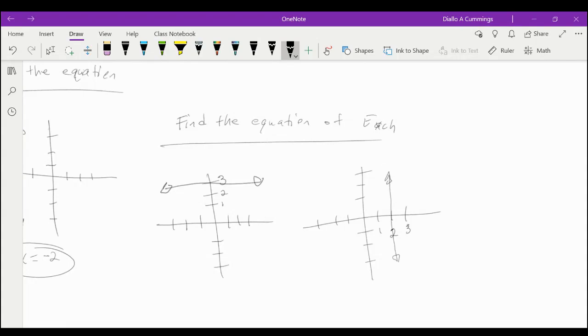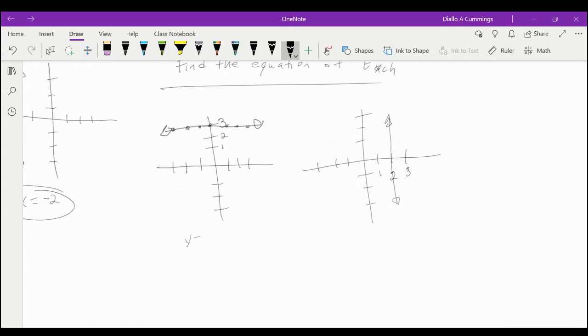So like this equation, if I were to write out some ordered pairs, I really wouldn't want you to write out all of these ordered pairs. Just identify that it's a horizontal line and it should be in the form y is equal to some number.